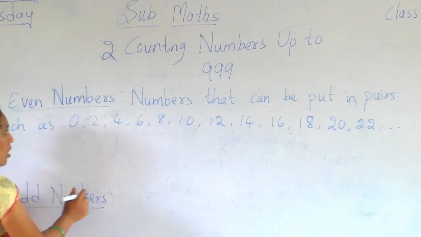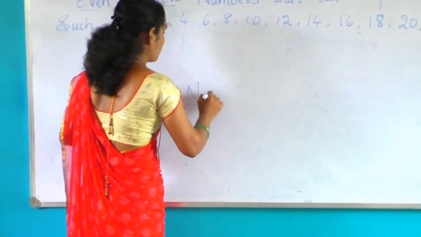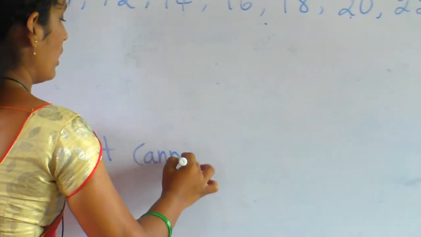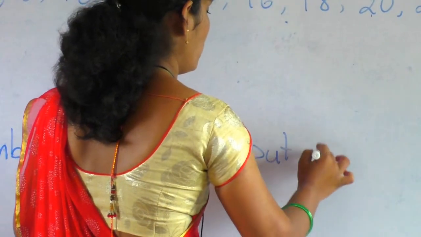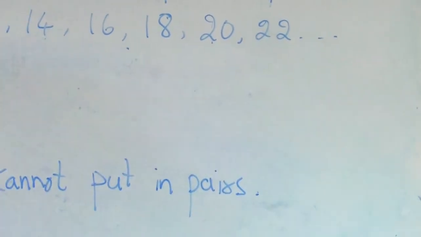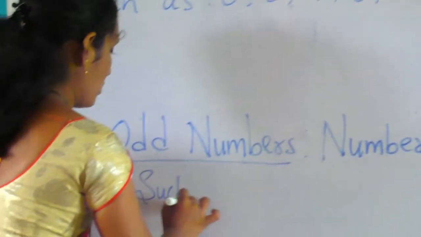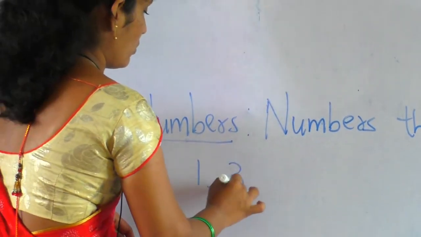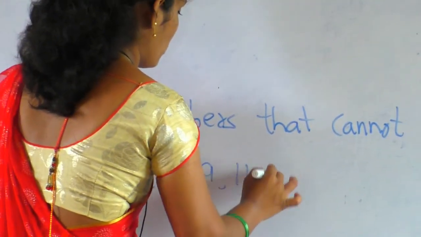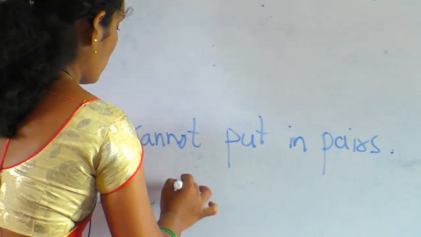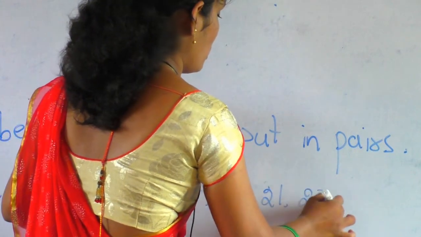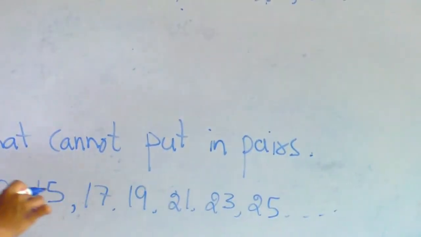Okay. Now odd numbers. Numbers that cannot be put in pairs, such as 1, 3, 5, 13, 15, 17, 19, 21, 23, 25, and so on.